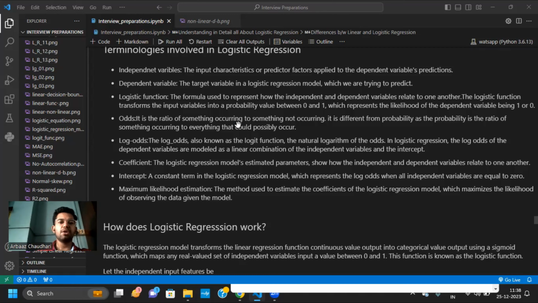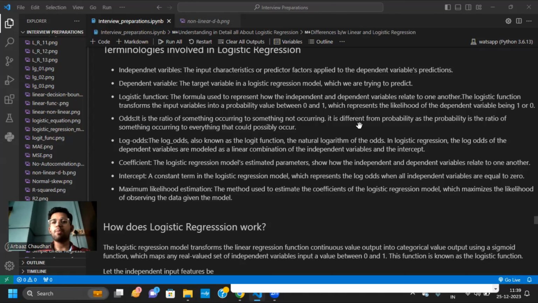So there is something occurring and something not occurring. That is what odds are. If the second data point is there and the features of X are contributing more towards it being spam or not spam, then if it is spam, you can't say that it is not spam. So there is something occurring and something not occurring. That is what is called odds. I hope you are able to understand what odds are.